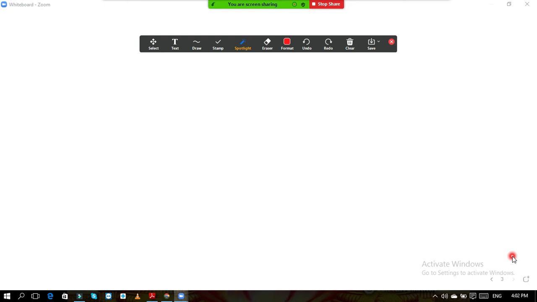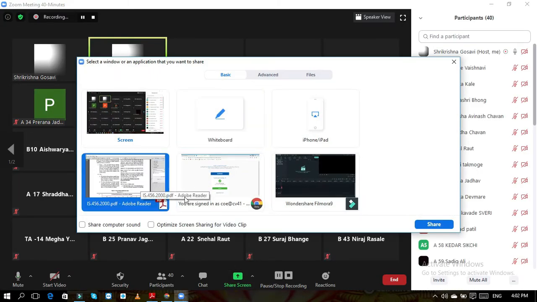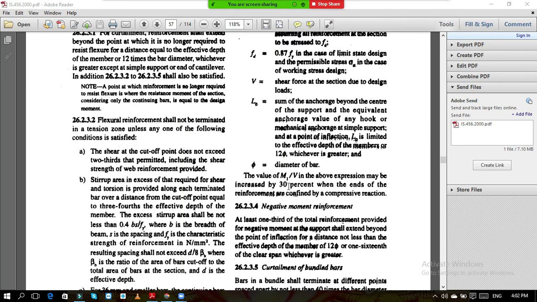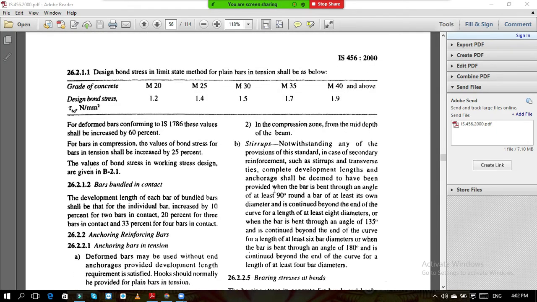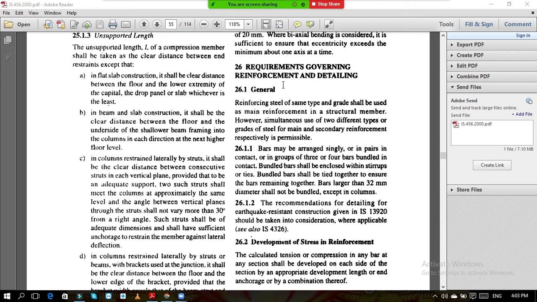The clause for the distribution steel is given in the IS code also. So what does it say? We will go to the IS code and search for that clause first. I am searching for the distribution minimum steel clause in the IS code, requirement of steel reinforcement.